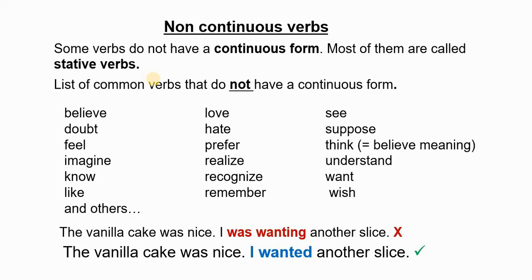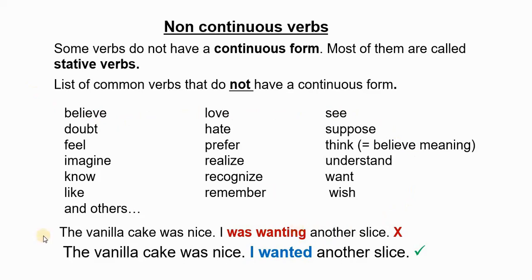And here is the list of common verbs that do not have a continuous form. Alright? So we have here love, hate, and like, and there are other examples. All of these guys are verbs that do not have a continuous form.